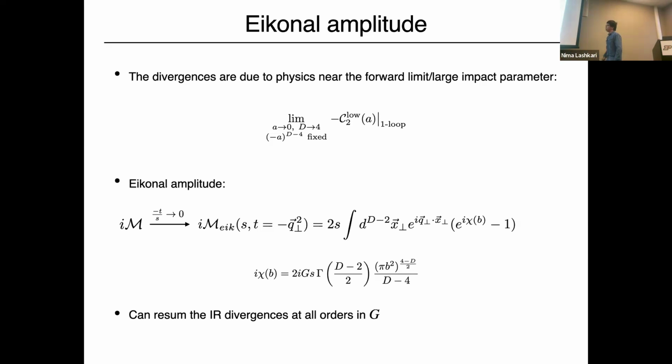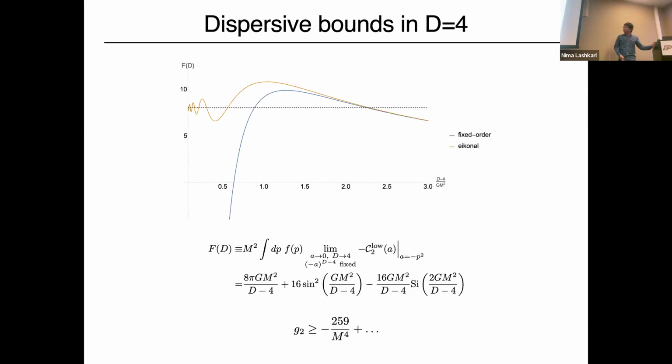It's described by the eikonal amplitude, and you can use this eikonal formula to describe the behavior in this limit at all orders in G. The leading IR divergences. So you can try to use this formula to resum all these IR divergences.